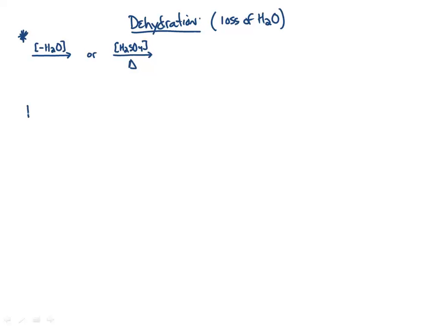So here, I'm going to have a primary alcohol, and this is one of those little weird parts. It's actually a primary alcohol plus a primary alcohol. And it gets dehydrated to form an ether plus H2O.